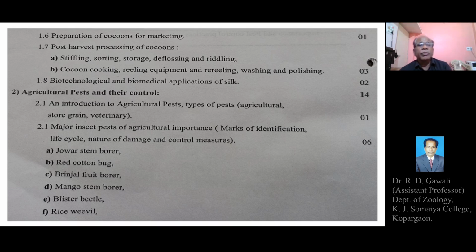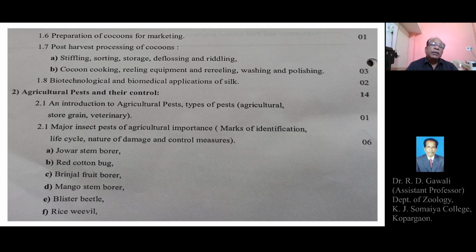So there are different types of pest which we are going to study in the first point, where we are going to study an introduction to agricultural pest, types of pest, agricultural pest, stored grain pest, veterinary pest, etc. Then the second point is the study of major insect pests of agricultural importance with respect to their marks of identification, life cycle, nature of damage, and the control measures.